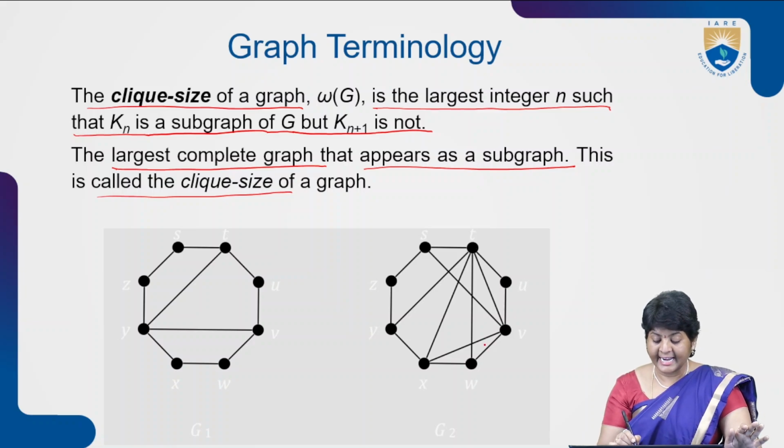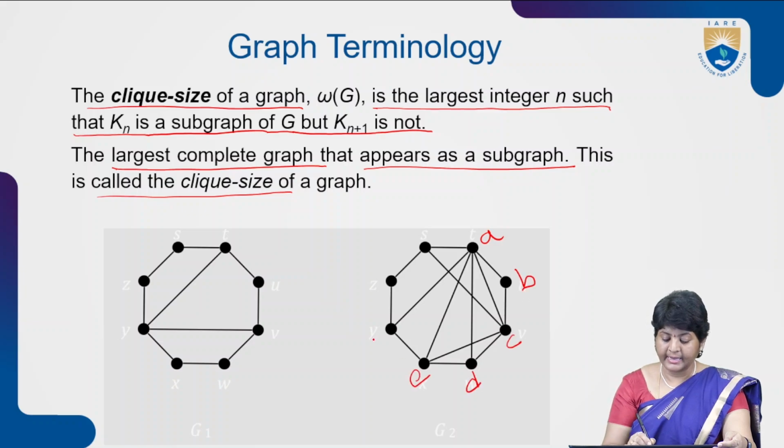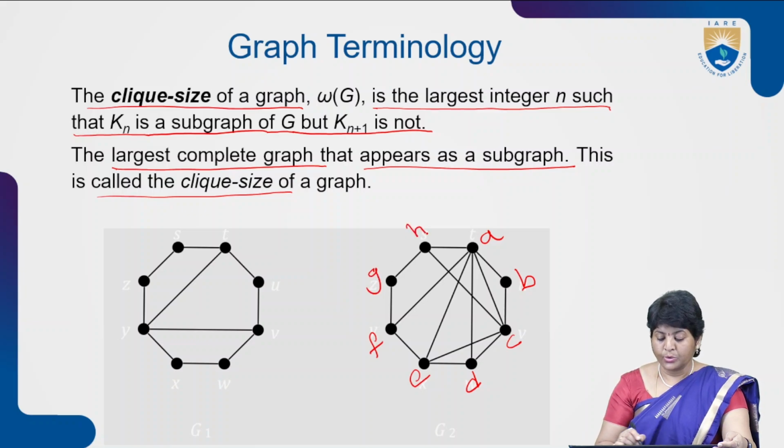So here a graph is there. We will identify the clique, or even see the size of the clique. So we will first assign the vertices A, B, C, D, E, F, G, H, that is vertices 1, 2, 3, 4, 5, 6, 7, 8. 8 vertices are there.